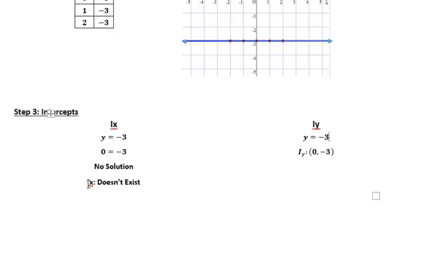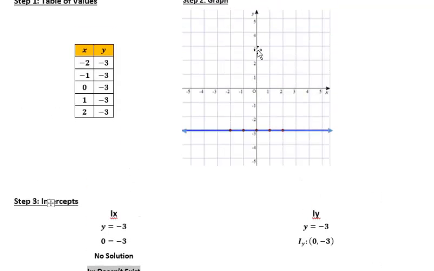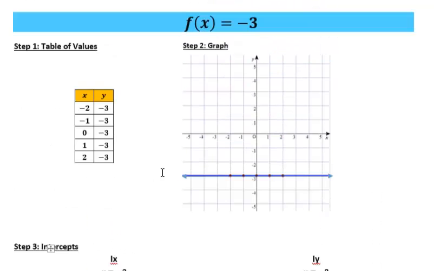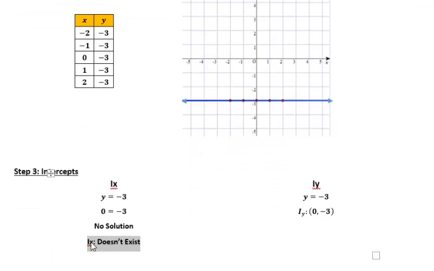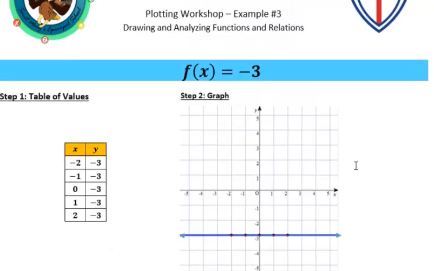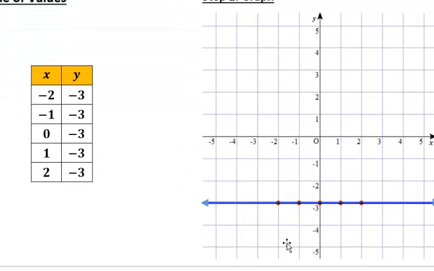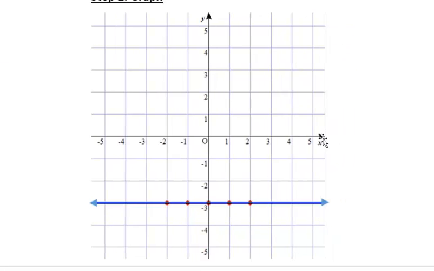We usually tend to verify whether we have the right intercepts on the graph, to check whether we are doing things right or not. There is no x-intercept because the drawing never crosses the x-axis, the numbers that we have in here. The drawing is never crossing them. So that shows you that actually there is no x-intercept. The x-intercept doesn't exist because the drawing is never crossing through this line.